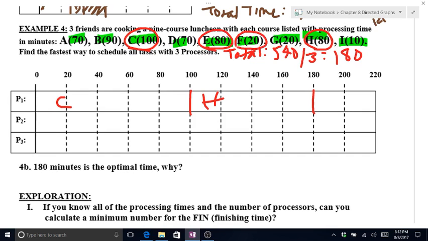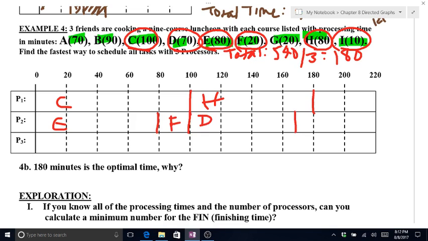E, F, D, and I. E takes 80, F takes 20, D takes 70, and I takes 10. And then the last ones. A is 70. B is 90. So that takes me to 160. And G is 20. Takes me to 180.